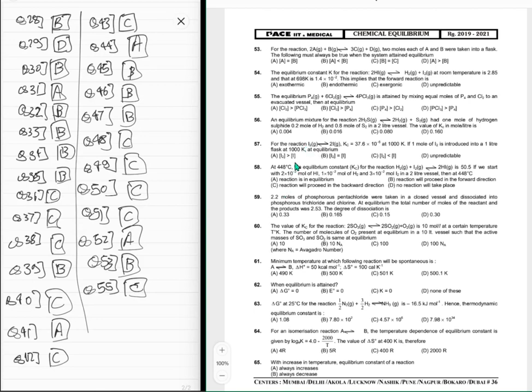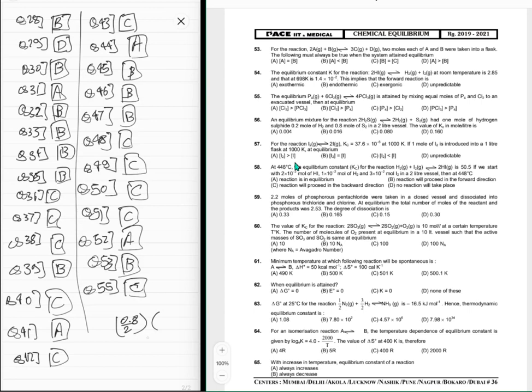An equilibrium mixture for the reaction had 1 mole of hydrogen sulfide and 0.2 moles of H2, and 0.8 moles of S2, all in a 2-liter vessel. So its concentration of S2... then concentration of H2 squared.